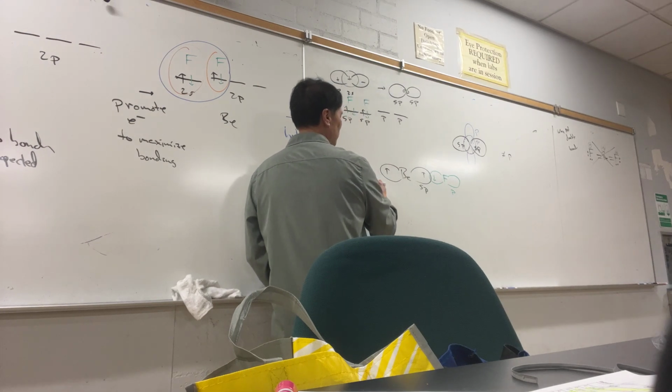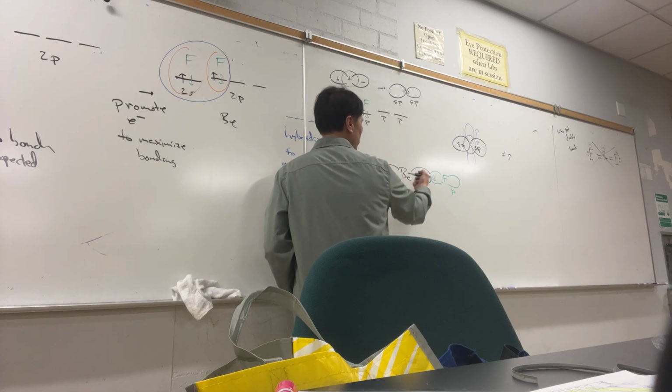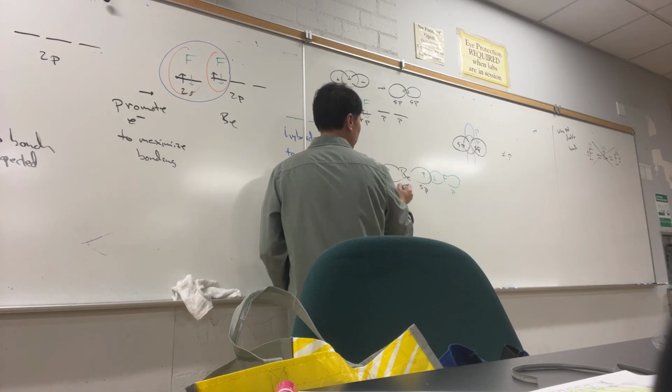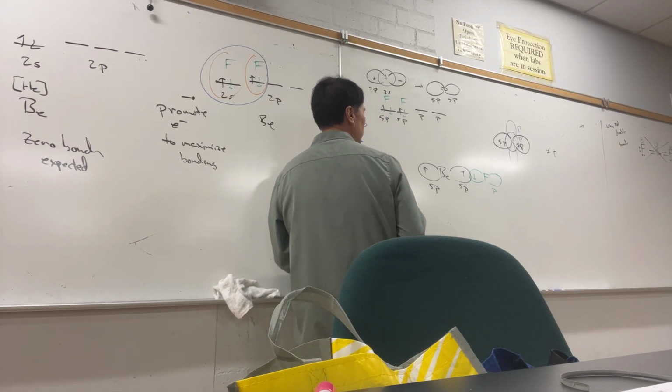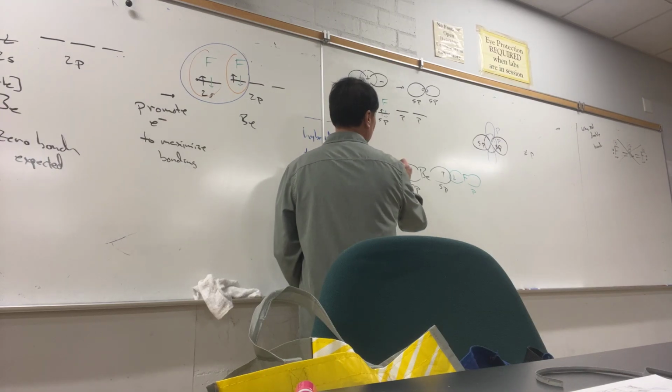And so the bonds we have are p-sp sigma bond, p-sp sigma bond. And this would be an sp-p sigma bond.